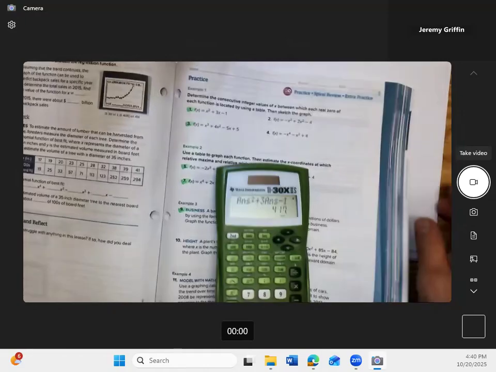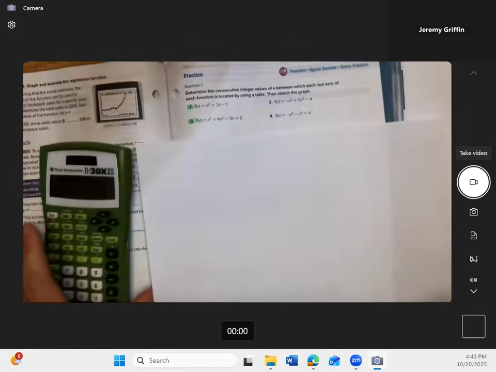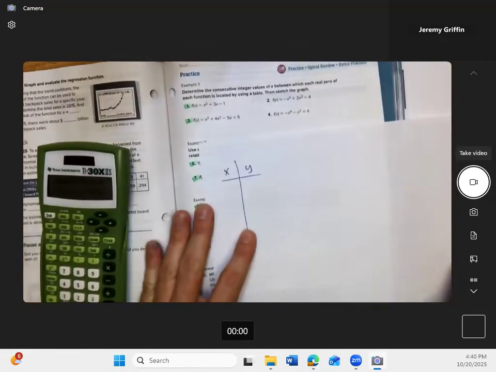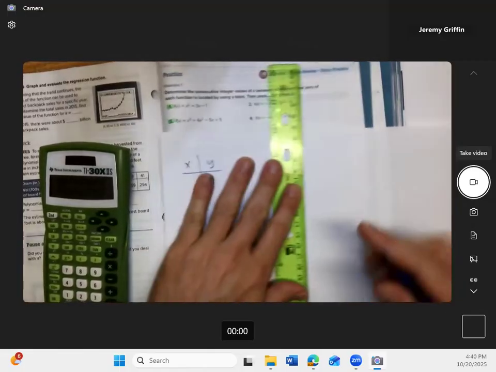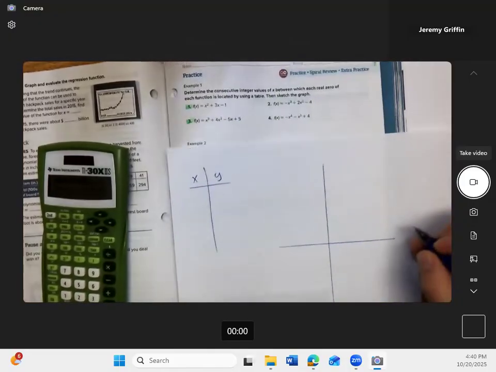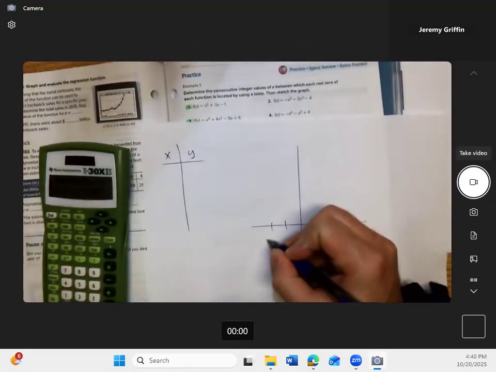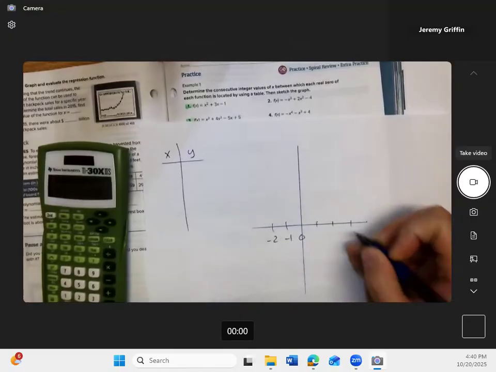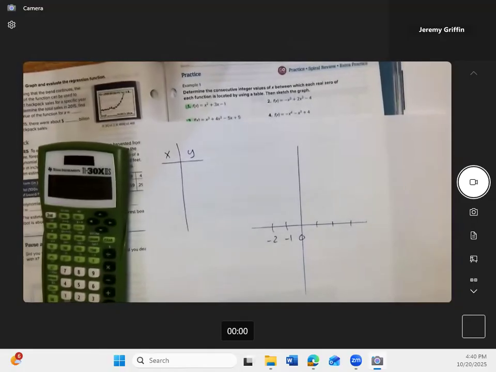Okay? Let's make a table. So I'm going to go, what are some x values, y values? Now, I saw, of course, the actual graph does look like a really nice looking graph. So I kind of have an idea of how to frame this question. Let's go -2, -1, 0, 1, 2. Wait, did I scale it right? Double check.